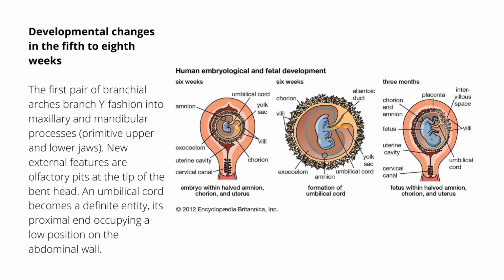Then there is the umbilical cord, and its proximal end occupies a low position on the abdominal wall, and the sharply bent head joins the rest of the body at an acute angle.